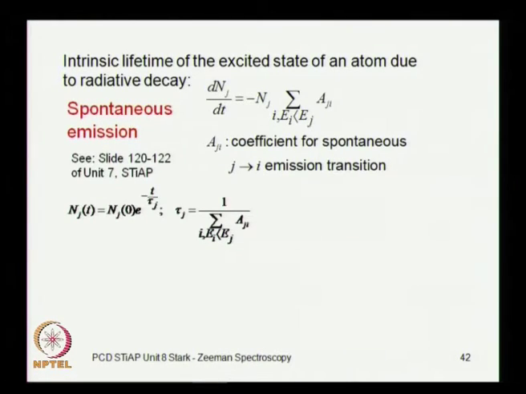So, this lifetime will give a certain width to the excited state, which is responsible for the width of the excited state according to the uncertainty principle. But this is, as we discussed earlier, not because there is an operator for time which does not commute with the Hamiltonian.